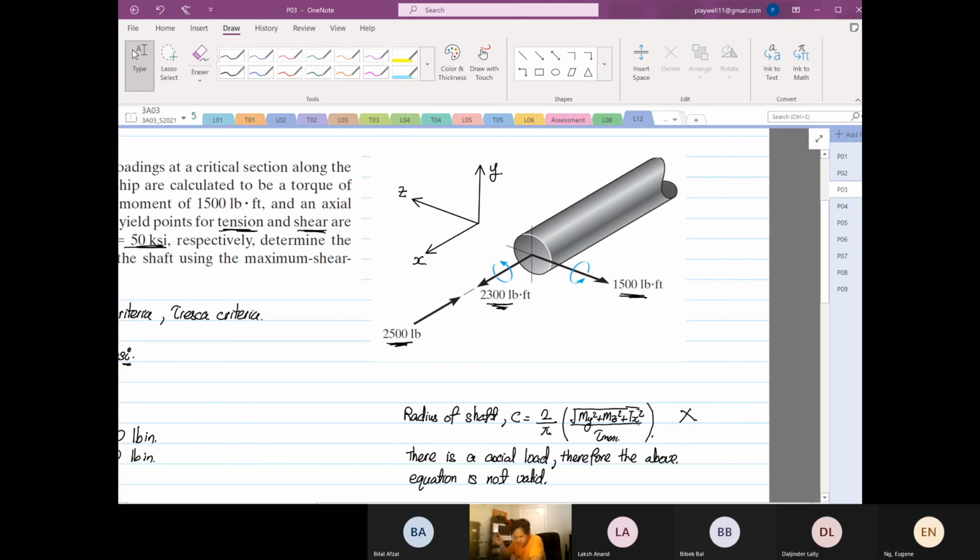Okay, so I'm going to label this. I'm going to draw elements now.